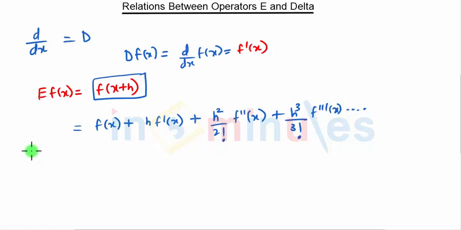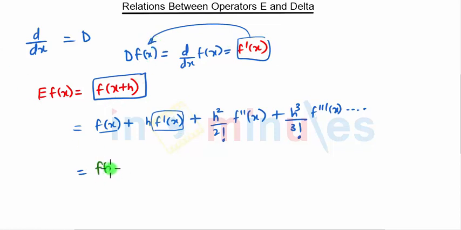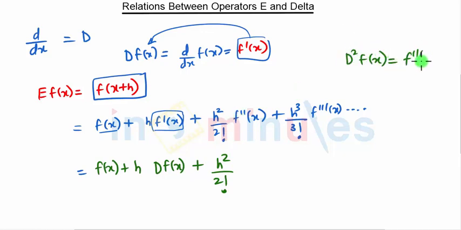Now what we can do here, we can write this f dash of x as D of f of x. So we will get f of x plus h of D of f of x plus h square upon 2 factorial. What will be f double dash of x? It will be D square f of x, which is the second derivative. D square means second derivative.